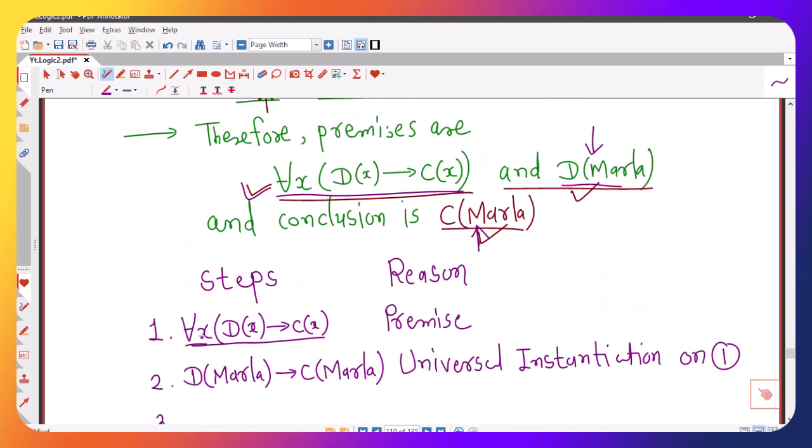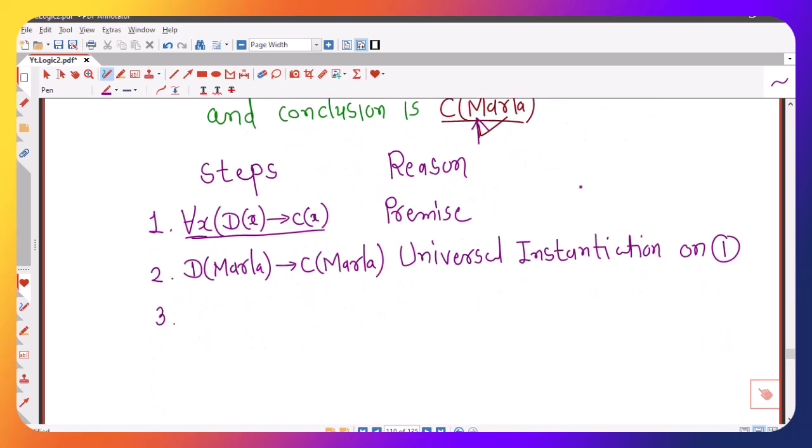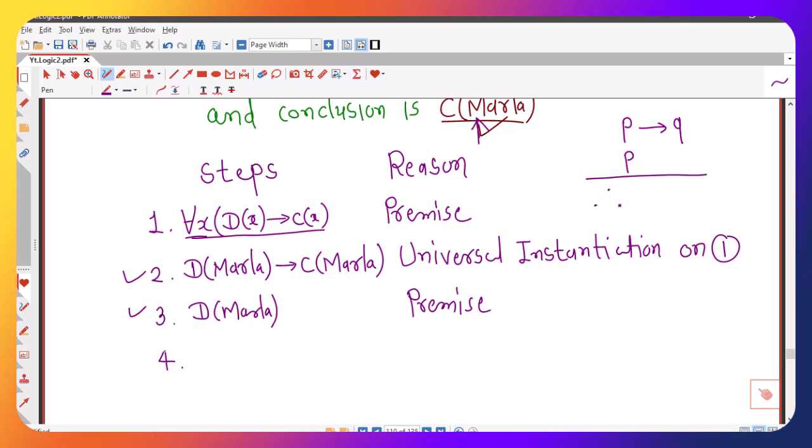Now we use the second premise, which is D of Marla. So let me write here D of Marla, that is a premise. Now you can observe that 2 and 3 are statements in the form P implies Q and P, and this is our familiar modus ponens.